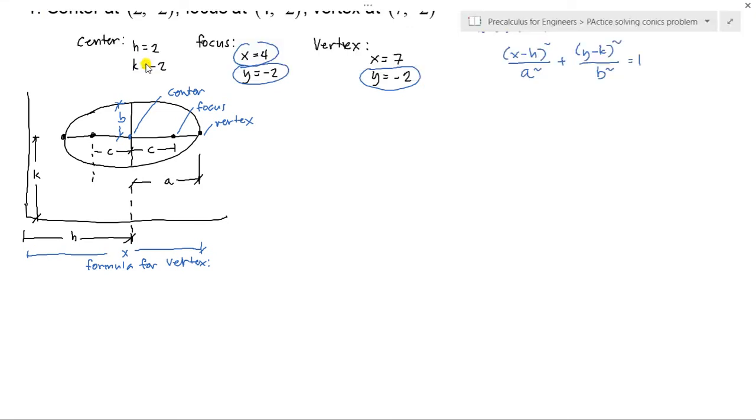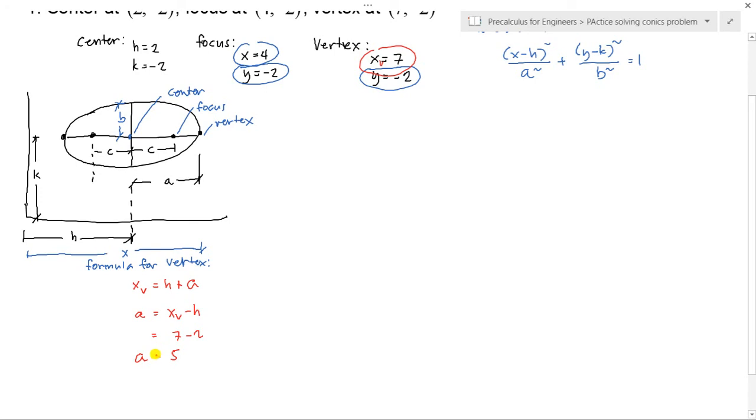So the x of the vertex is equal to h plus a, so a is equal to xv minus h. xv is 7, so we have 7 minus h, which is 2. So we have 5. That is the value of a.